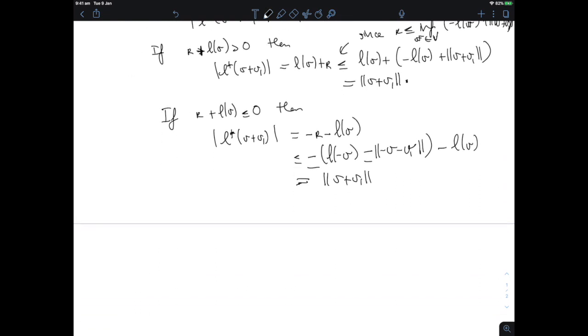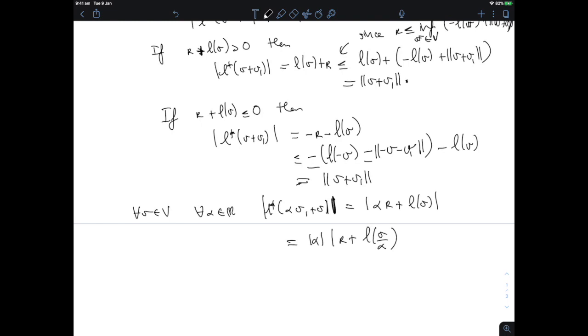And now, how do I get it for another value of alpha? Well, that's easy by linearity now, because for all V in V and for all alpha in R, when I look at L star of alpha V1 plus V in absolute value, this is equal to alpha times R plus L(v) over alpha, which is the absolute value of alpha times R plus L(v) over alpha, unless alpha is 0, but if alpha is 0, the inequality is trivial.